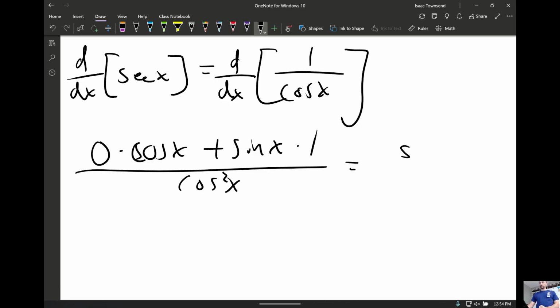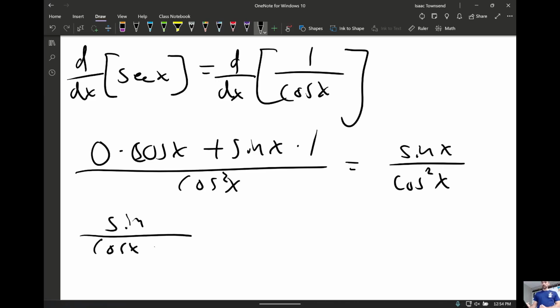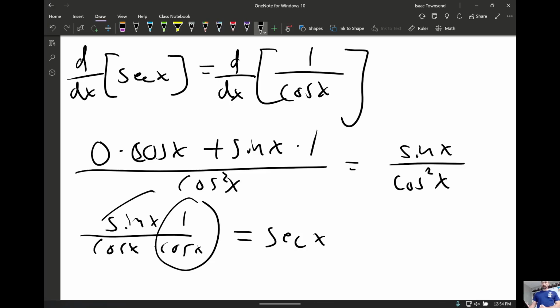You end up with sine over cosine squared, which is sine over cosine times one over cosine, which is tangent times secant. So it's possible to derive it in the moment, but that's kind of time consuming too.